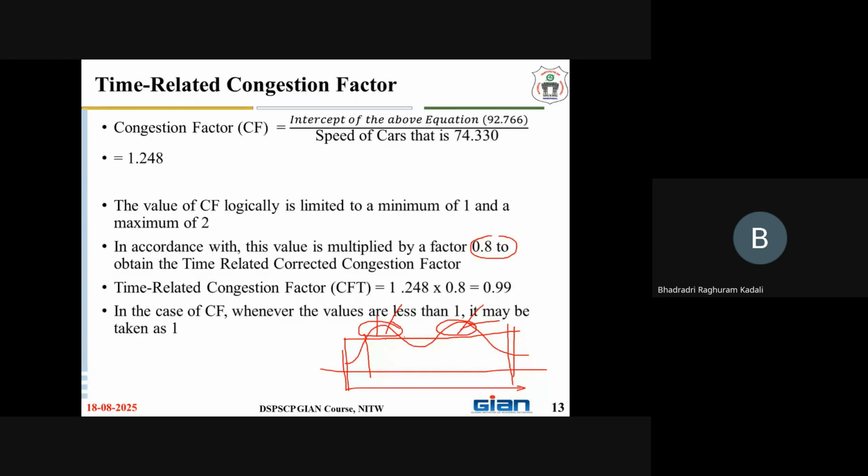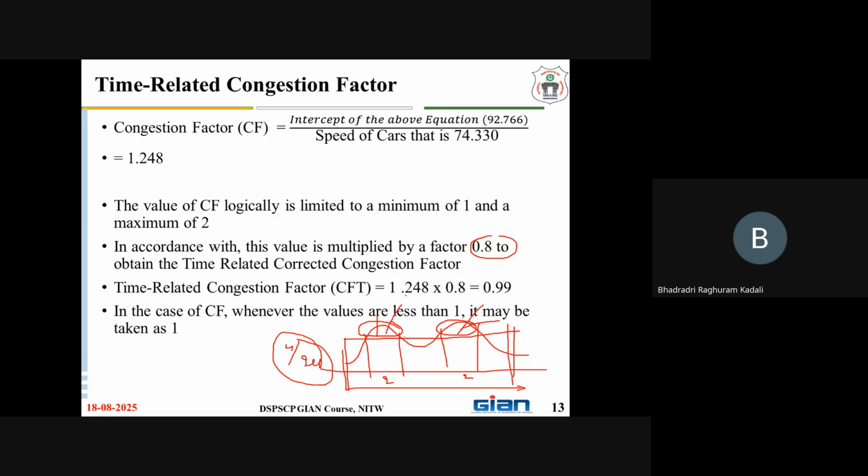If I'm taking this block as 2 hours and the other block as 2 hours, so 4 hours divided by 24 hours, the remaining almost 20 hours is not expected to be completely blocked or highly congested, reaching the capacity case. But 80% of the time it is satisfying what we have designed. So that's the reason we are multiplying by a factor of 0.8.